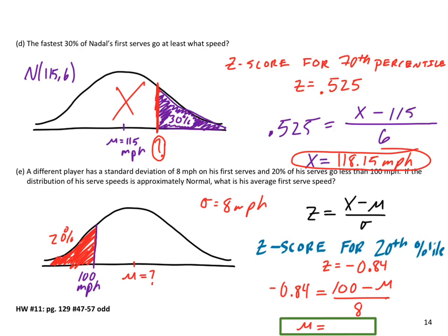Not as good as old Rafi. Few are though. So 106.72. You guys confirm? 106.72 miles per hour.